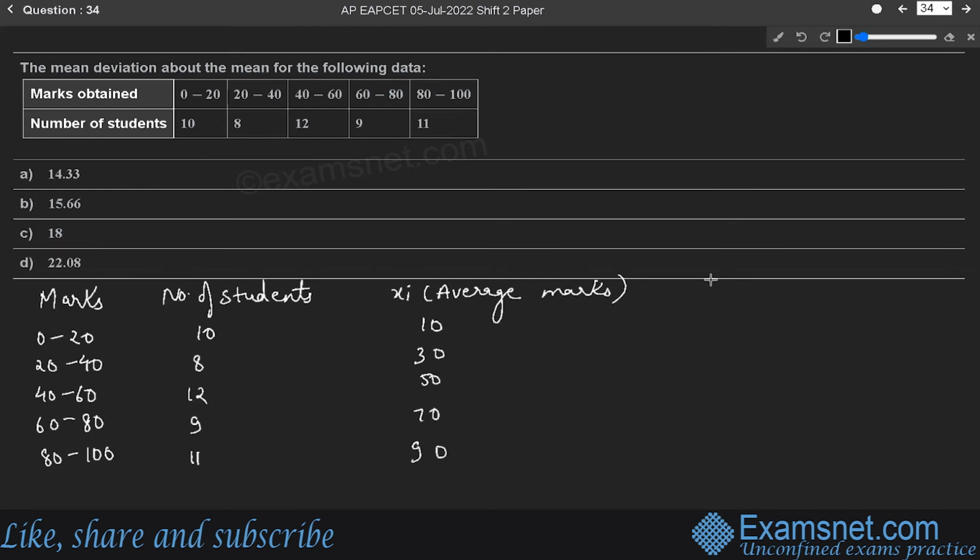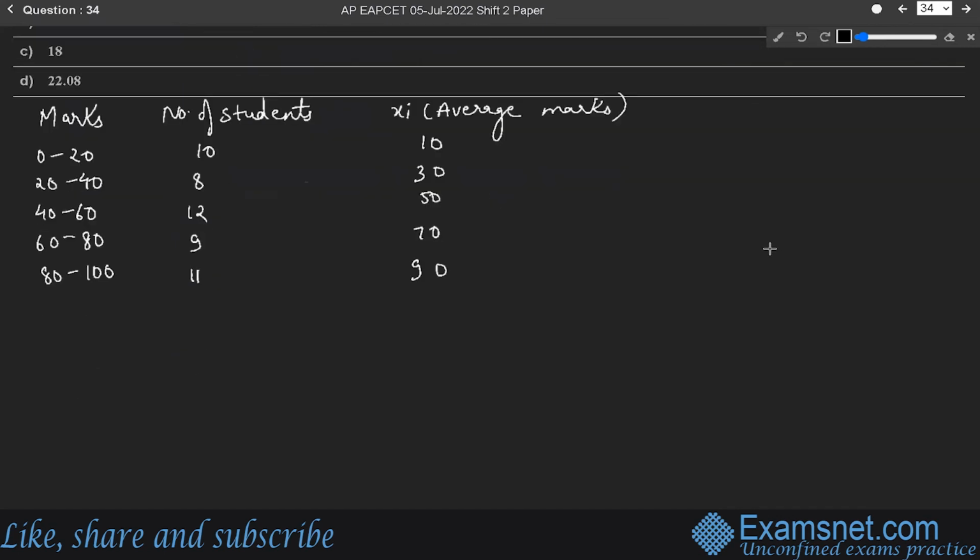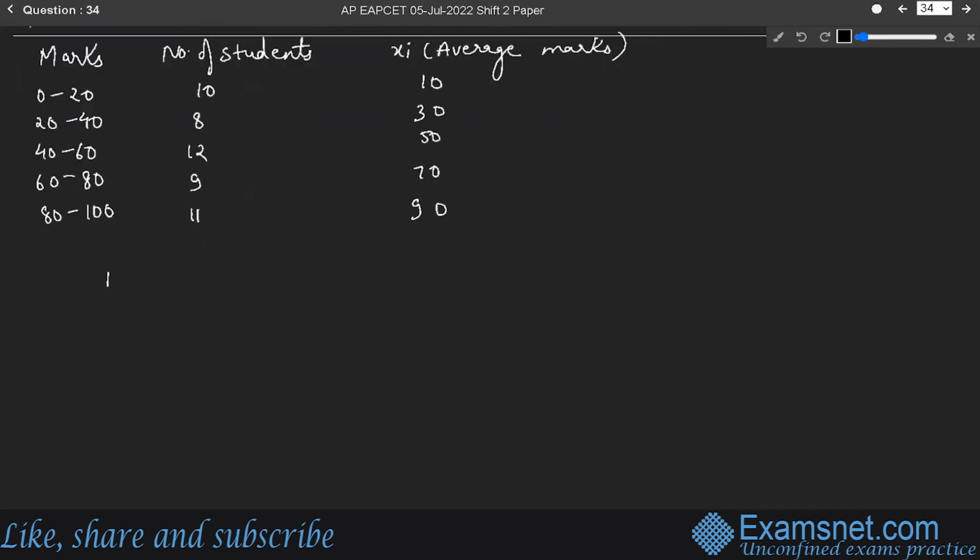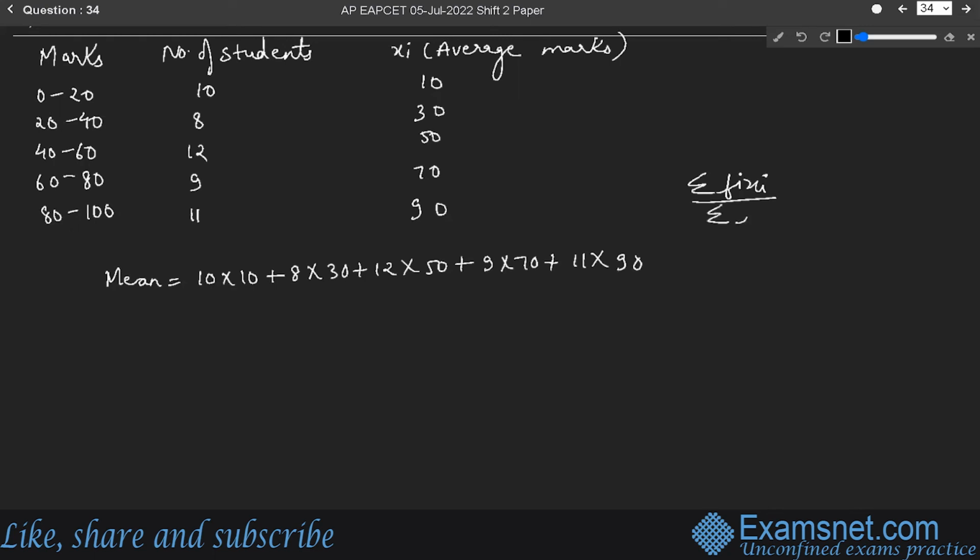We have to calculate the mean deviation about the mean. So first let us calculate the mean. Mean will be equal to 10 into 10 plus 8 into 30 plus 12 into 50 plus 9 into 70 plus 11 into 90. We know that mean is equal to summation of fi xi upon summation of fi. Here, this is the number of students, fi, and xi is the average marks.